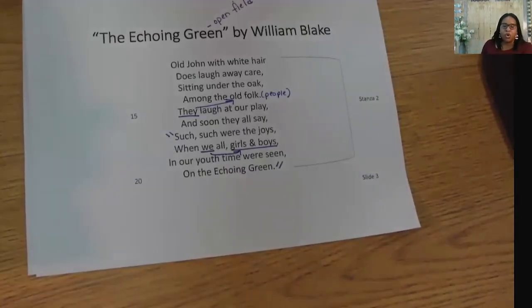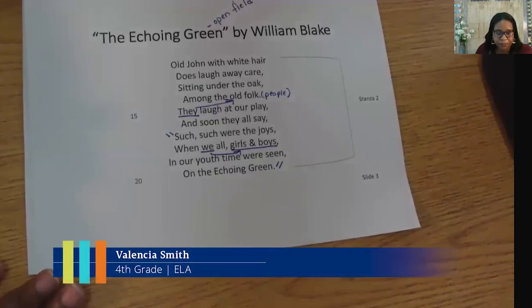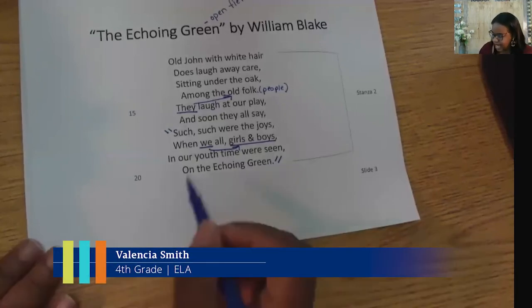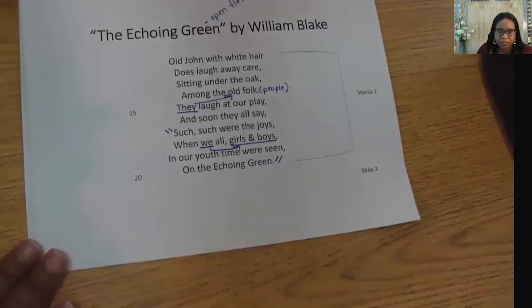Now, so far, we've talked about how the pronouns they and we have helped us understand more about who the poem is about. I want us now to look at the pronoun our. In our youth, we're seeing. Who is our referring to?